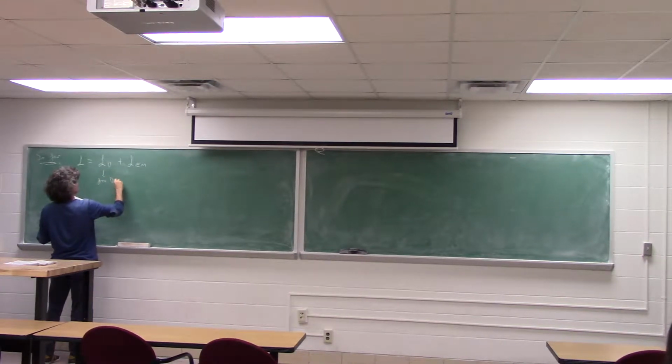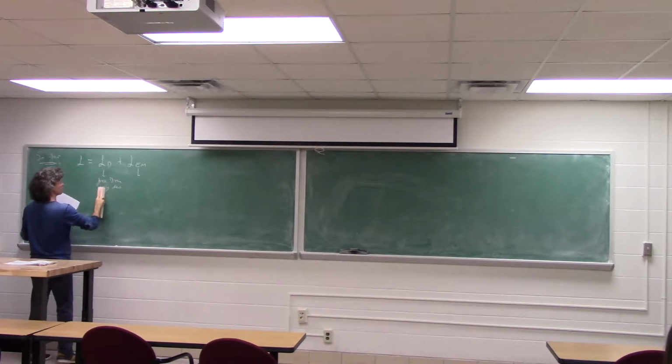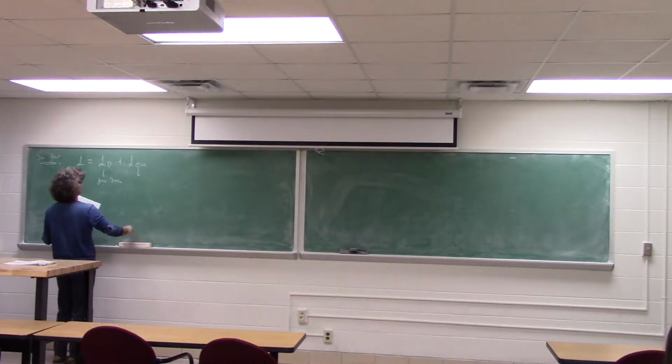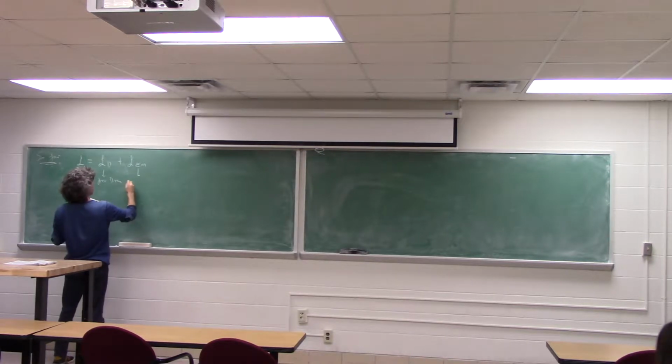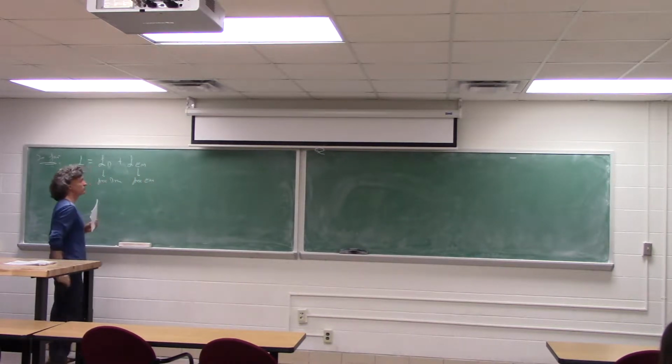So this is the free Dirac Lagrangian density. I don't need to write that it's a Lagrangian density, you know that. So that's for the free Dirac field, and this is for the free electromagnetic field.